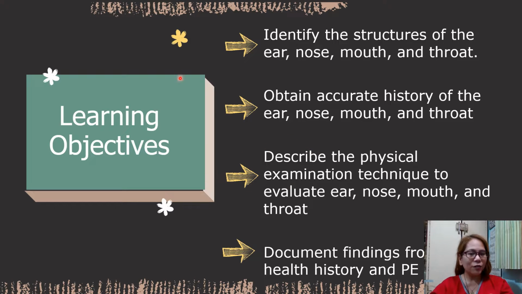At the end of this presentation, the student will be able to identify the structures of the ear, the nose, the mouth, and the throat, and be able to obtain an accurate history of the ear, the nose, the mouth, and the throat. Describe the physical examination technique to evaluate the ear, the nose, the mouth, and the throat. And finally, document findings from the health history and the physical examination of the said system.